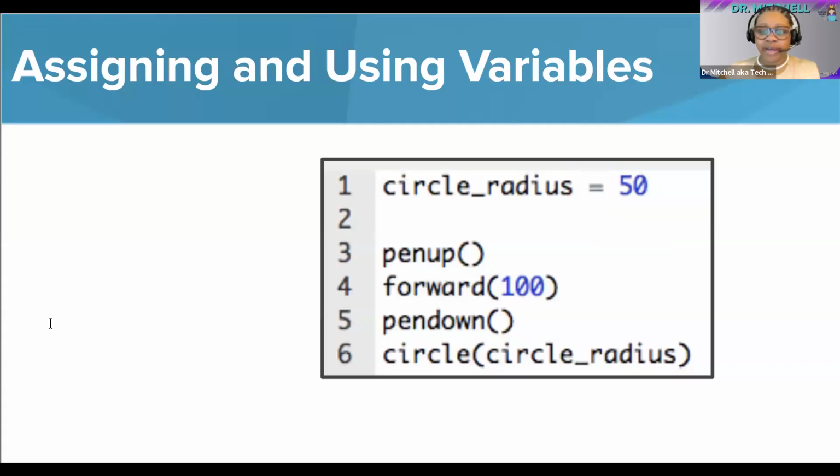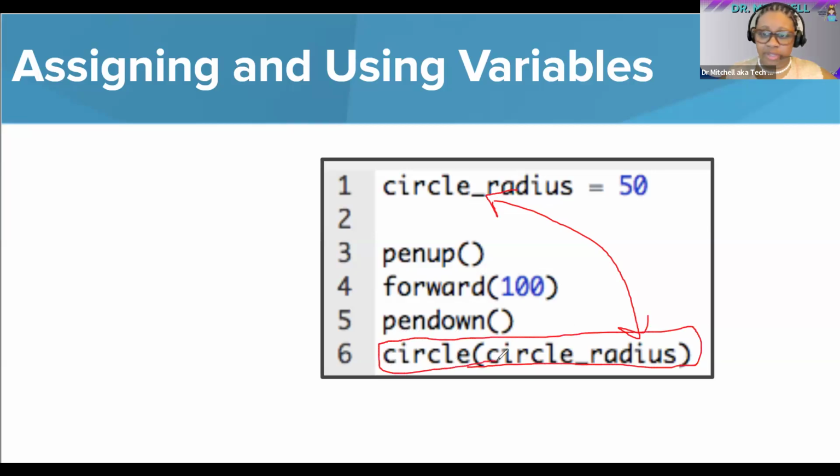So we have pin up, and I do want to reiterate us being able to use the pin up and pin down. So we have pin up, parentheses, forward 100, and pin down. And then we have circle. And what we have done, if you see the correlation, the matching here, the assigned variable is being used, or what we say is called.